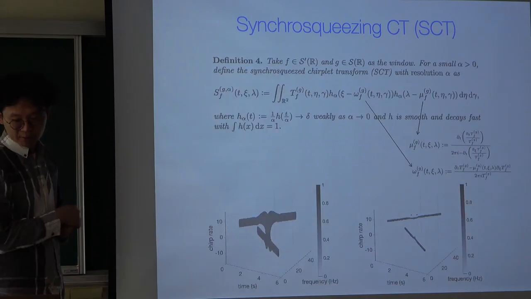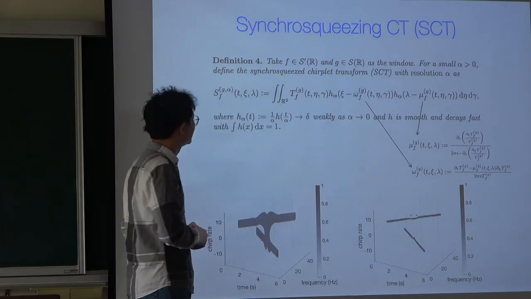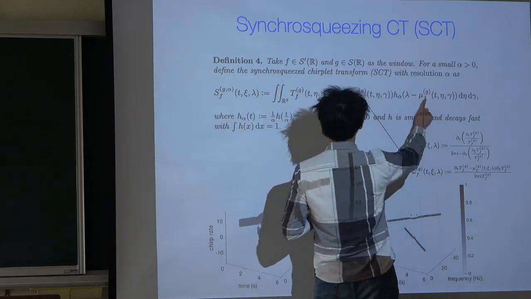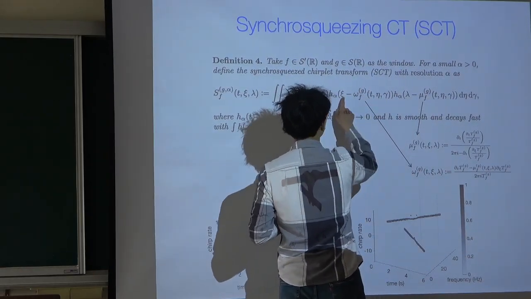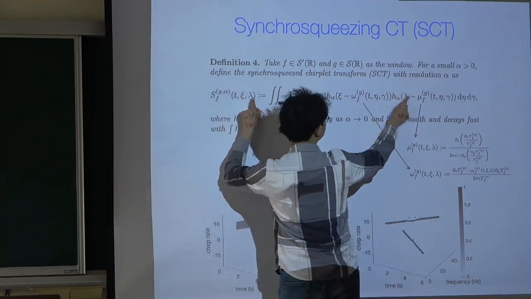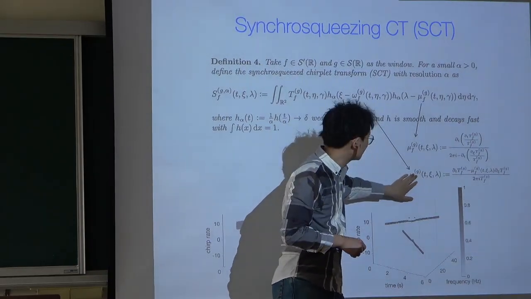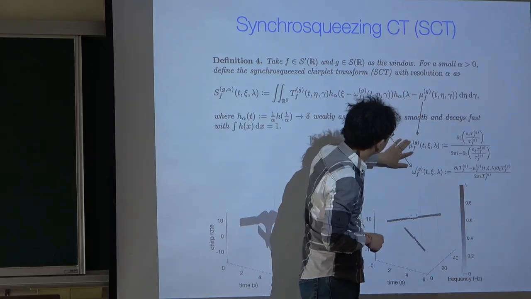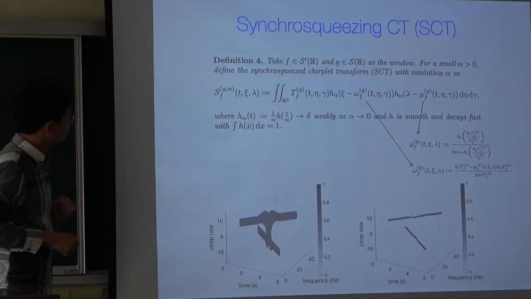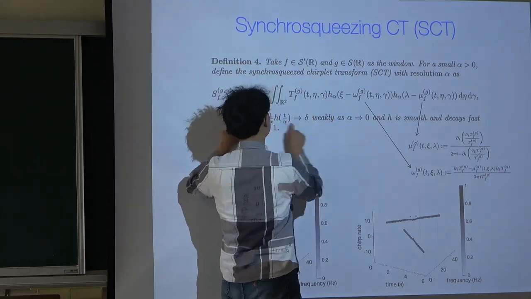The so-called Synchrosqueezing Chirplet transform, or SCT, is nothing but you use omega f and mu f to reassign the frequency and the chirp, so that omega f gives you the information about frequency, and mu f gives you the information about chirp. All the others, for example this h alpha, are exactly the same as before.